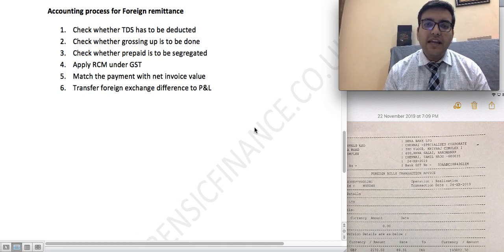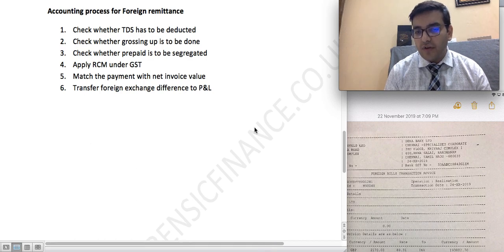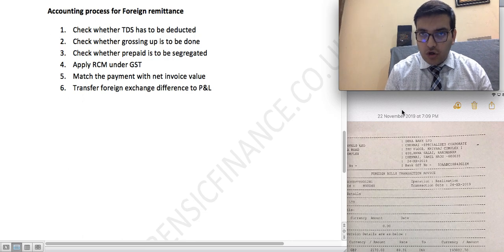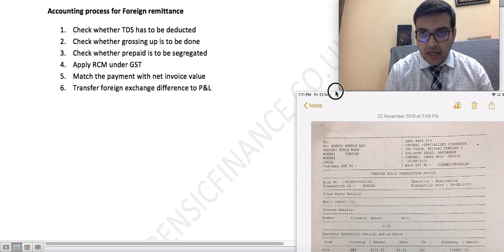We were taking all these services on behalf of Bonvoy Hotels, and we have to discuss an example based upon that. So let us see the documents which we have for accounting, and then we will see the accounting aspects.